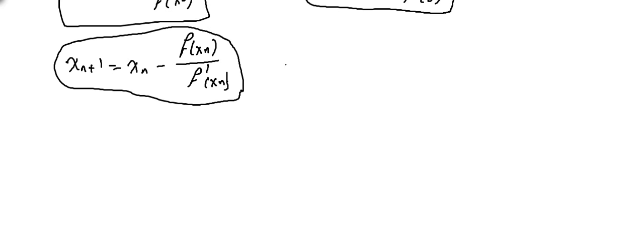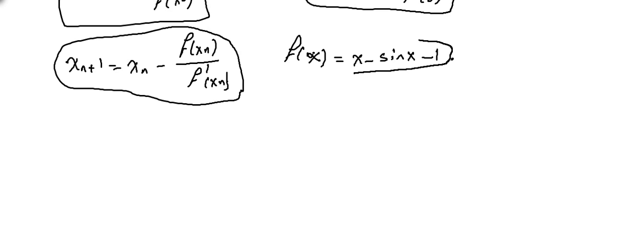Perform two steps of Newton's method in an attempt to find an approximation of the root of f of x equals x minus sine x minus 1. If we set f of x equals 0 here, it might be hard to find the root. Taking x minus sine x minus 1 equals 0, it will be hard to find x.